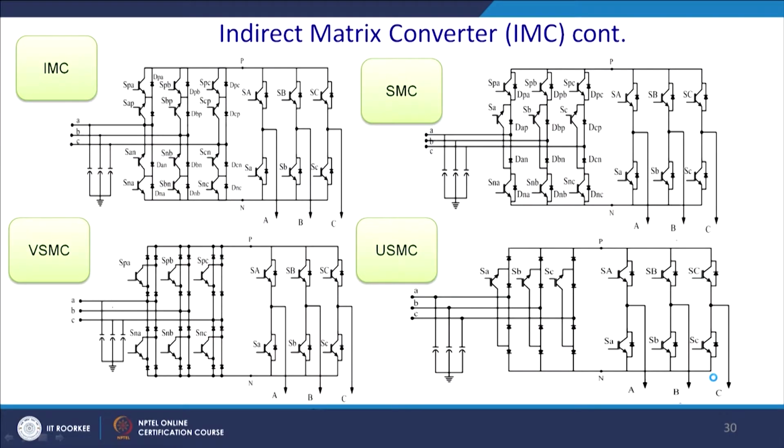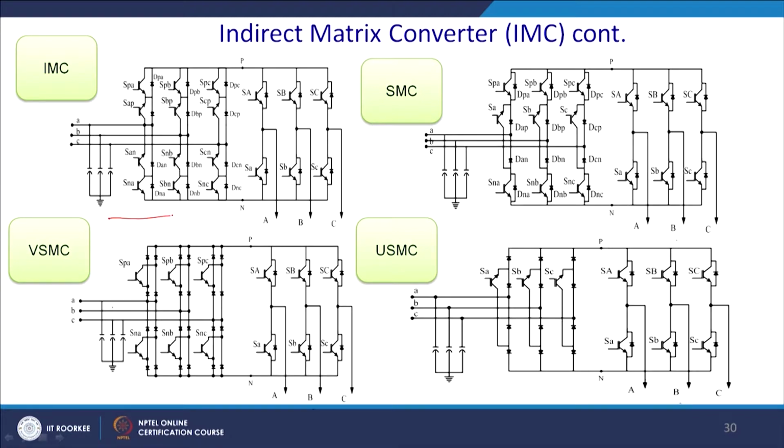So, that is one of the challenges. You see that this is basically the indirect matrix converter, this is the VSMC, the sparse matrix is the SMC, and this is the UMC. See the different configurations of diodes that have been used. Since you want to make the current unidirectional, all the attention was paid to reducing the number of switches.